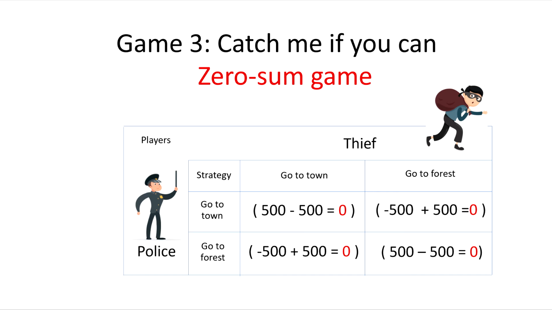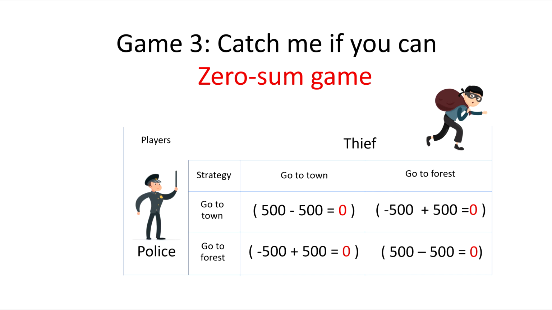This is called the zero-sum game. So you see, in all the cells of the payoffs, the summation of payoffs of A and payoffs of B, or payoffs of police and payoffs of the thief, will be 0.